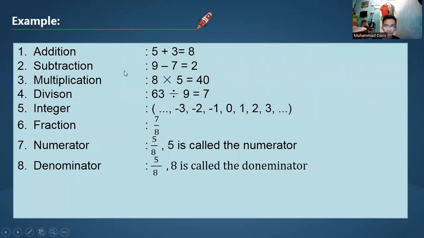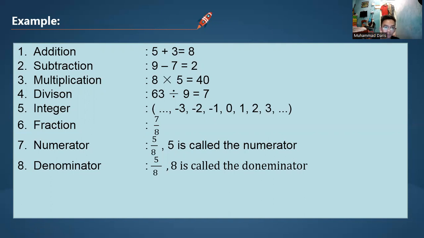First, addition. 5 plus 3 is equal to 8. Subtraction: 9 minus 7 is equal to 2. Multiplication: 8 times 5 is equal to 40. Division, for example, 63 divided by 9 is equal to 7. Integer is minus 3, minus 2, minus 1, 0, 1, 2, 3, and so on.